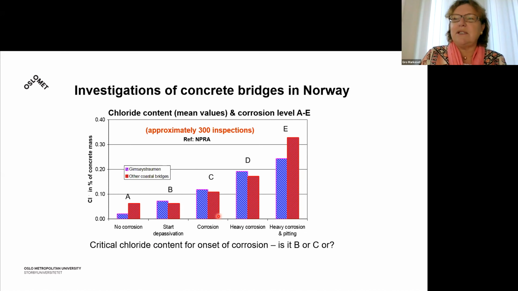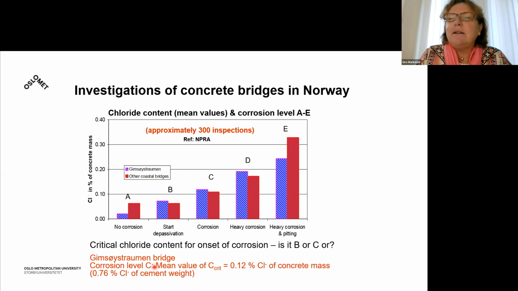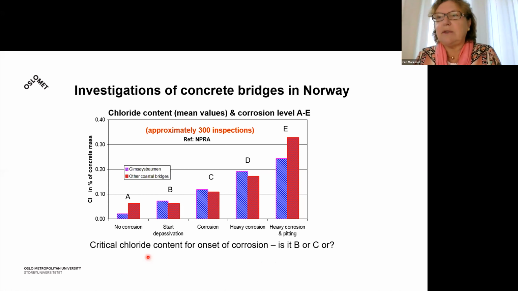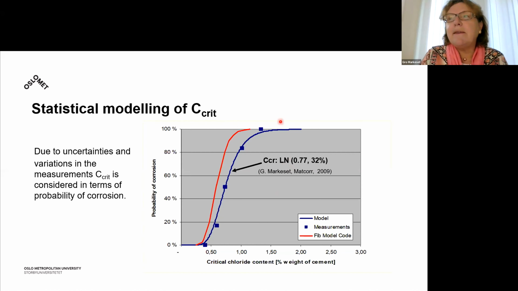And if we look into this situation, we can see that this Gimsøstraumen bridge, the blue one, has a mean value of the critical chloride content of 0.12 percent of the concrete mass, but that corresponds to 0.76% chloride of the cement weight. So that is very close to what we found in the quay structure, 0.77.